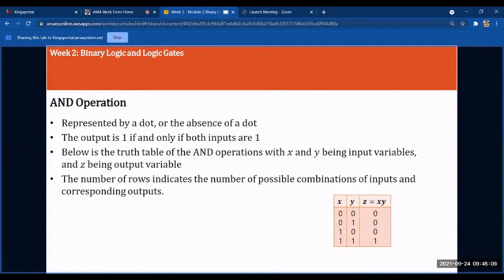If both inputs are 0, or not 1, it is automatically 0. If your second input is 1 but your first input is 0, that will still always be 0. If your first input is 1 and your second is 0, that will still be 0. But if your first and your second inputs are both 1, then your output is 1. So that would be for the AND operation.